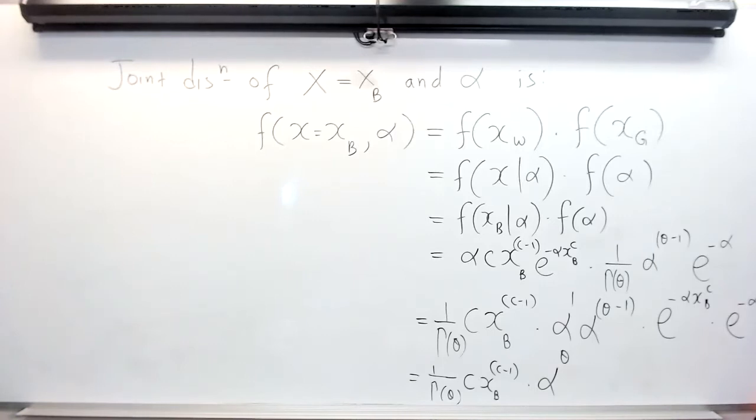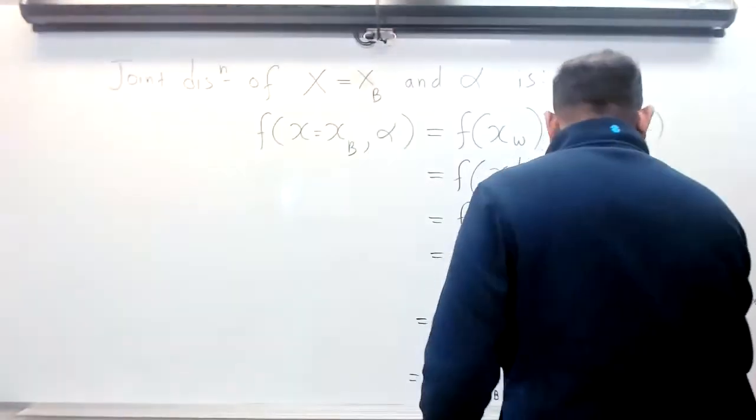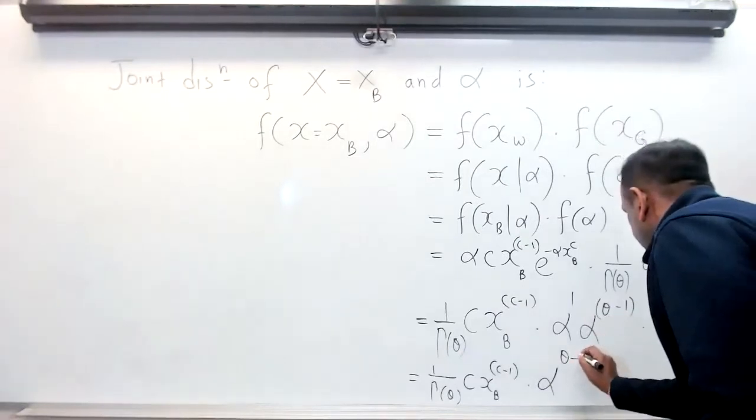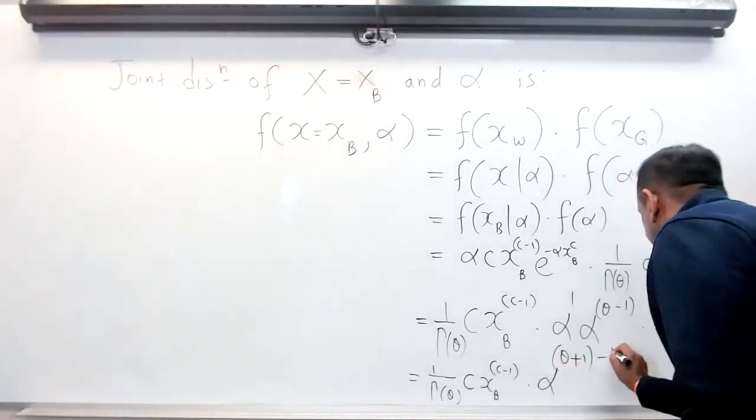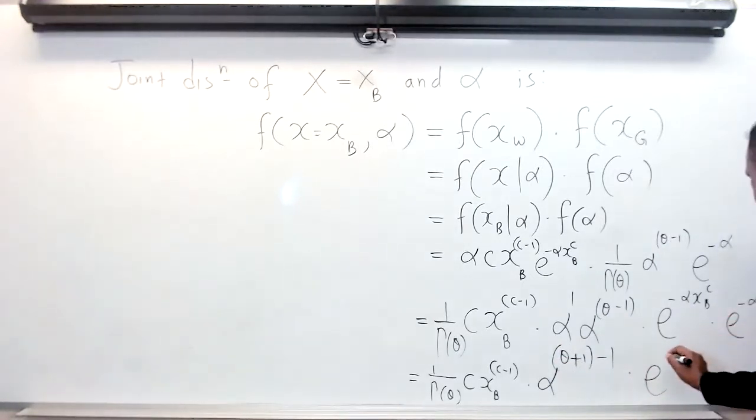Or you can keep them as they are, for a certain reason, but that doesn't matter. I want to see theta plus 1 and minus 1, so I keep it like that. Here, I can even pull out minus alpha and leave xb to the power of c plus 1.